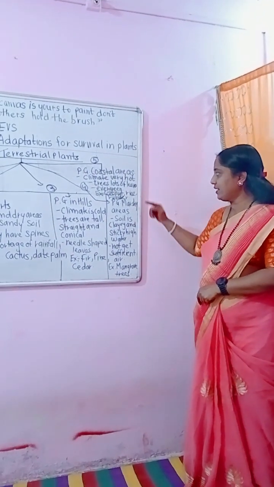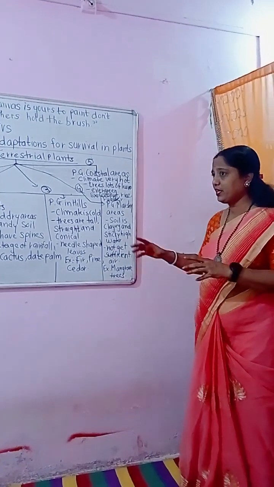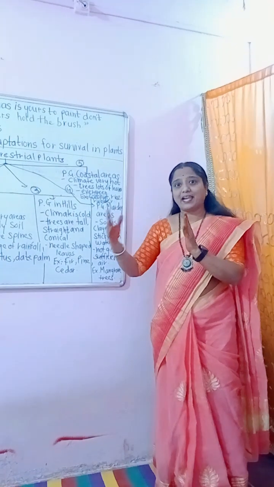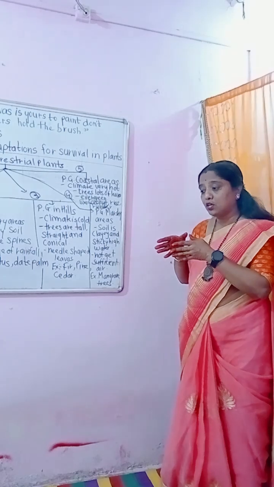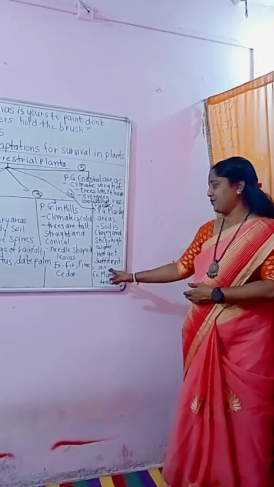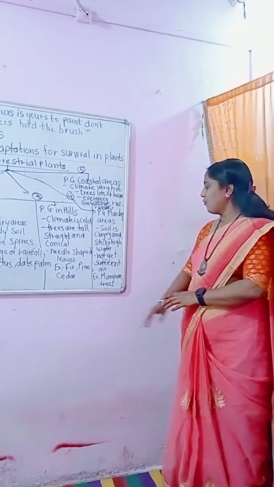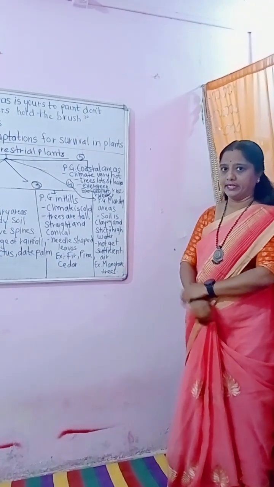The trees there do not get sufficient air, because they are growing close to each other. The sun rays do not fall on those trees, and that is why they don't get sufficient air. For example, the trees of marshy areas are mangrove trees.